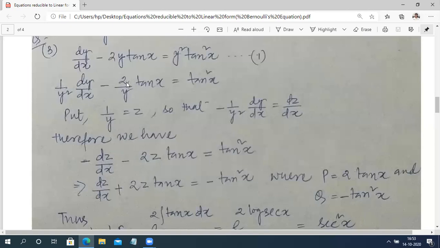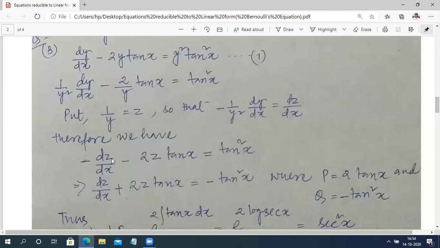minus of 2 tan x into z. Here it is dz by dx, so with p there will be z in multiplication, p into z. So p is minus 2 tan x into z is equal to q. Q is again tan square x.